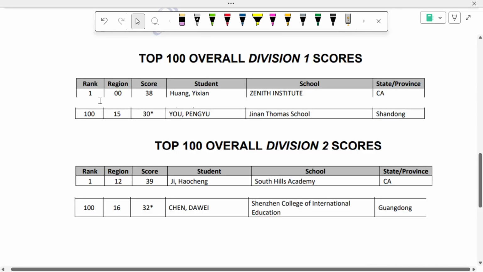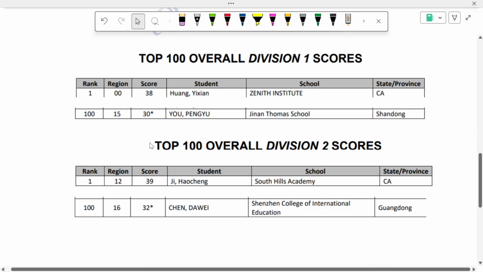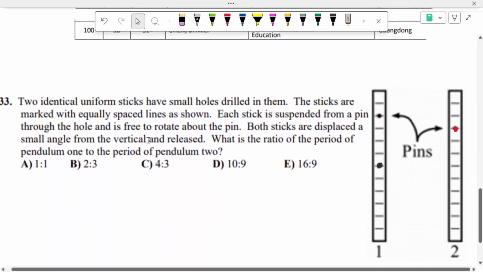I'll only show you the number one and the number 100. In Division 1, if you have 30 scores out of 40, which means you have three quarters of the questions correct, then you have a top 100 rank. Okay, so let's dive into the question.